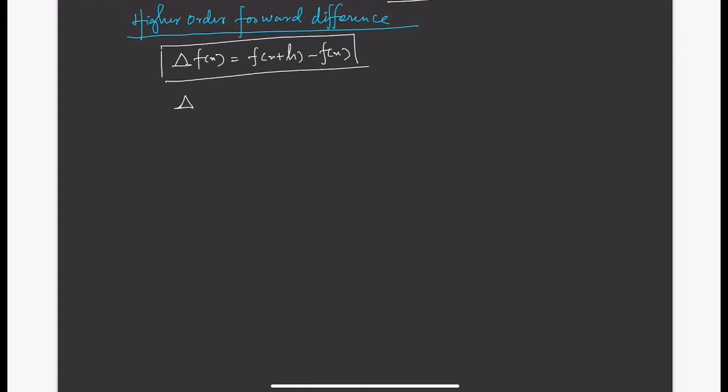So higher order means, suppose this is del square of f of x. How to deal with this one? First, del of f of x. You can write like this. Then this is nothing but del of f of x plus h minus f of x.